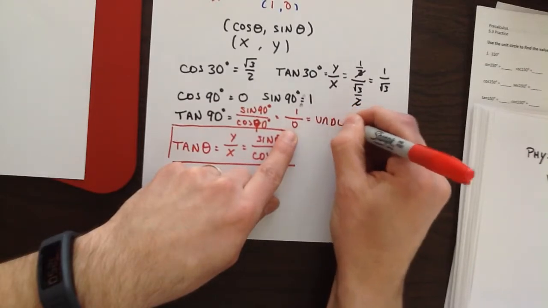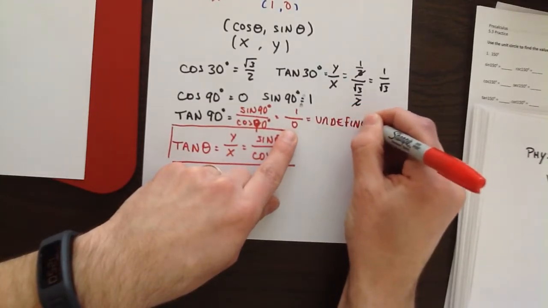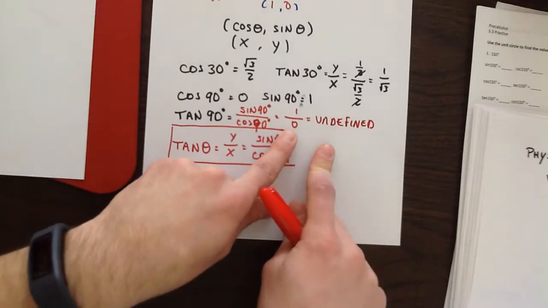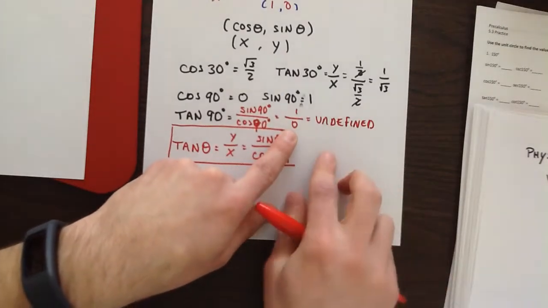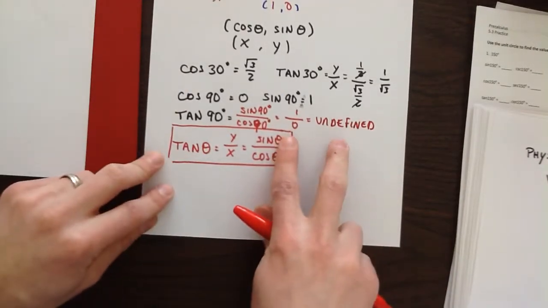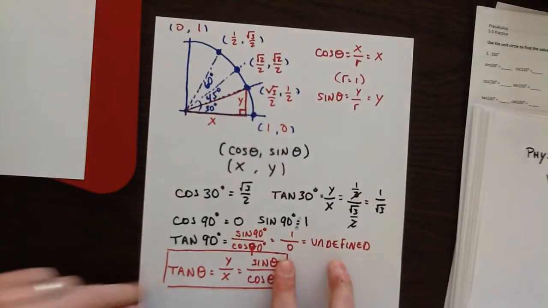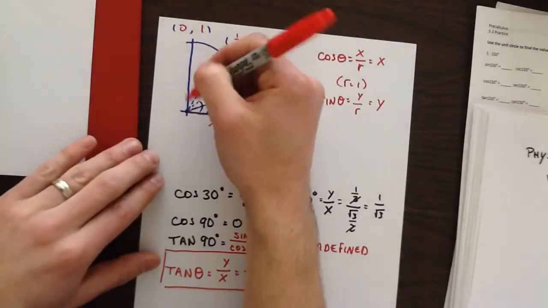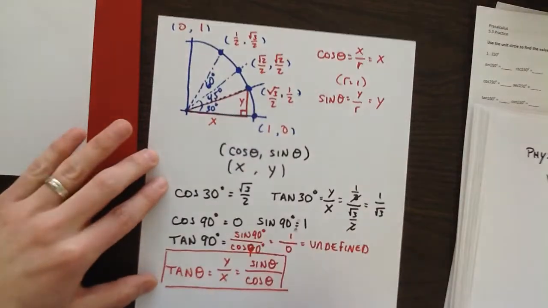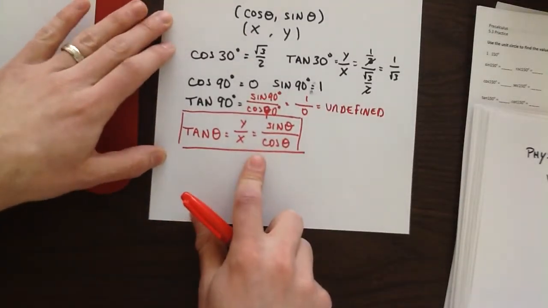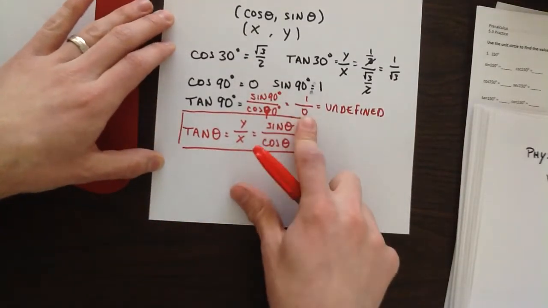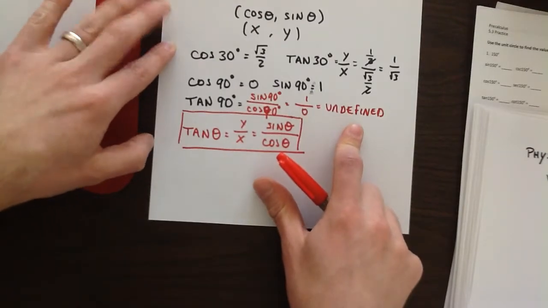It's undefined. So we have something that makes sense, assuming we're following along and thinking. Based upon the definition, we would have 1 over 0, it's undefined. It just doesn't work.